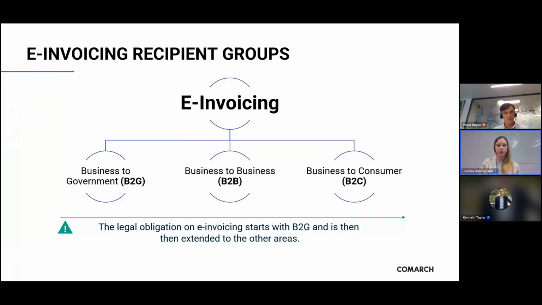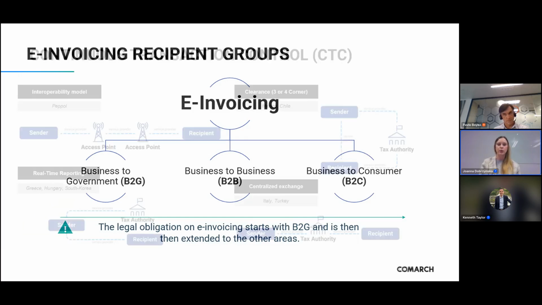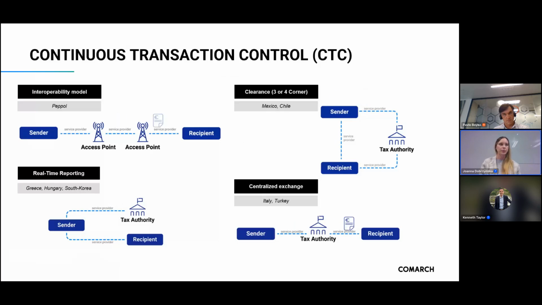And the latest regulations are those concerning, for example, retail sales, when companies are obliged to report transactions made with individuals. So we are talking here about B2C, the business to consumer part.